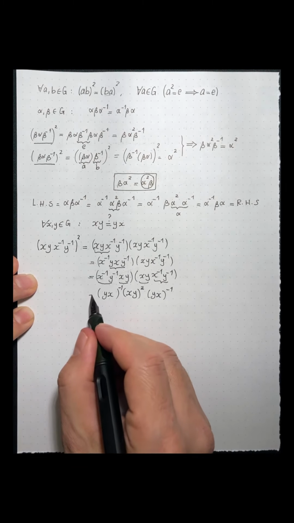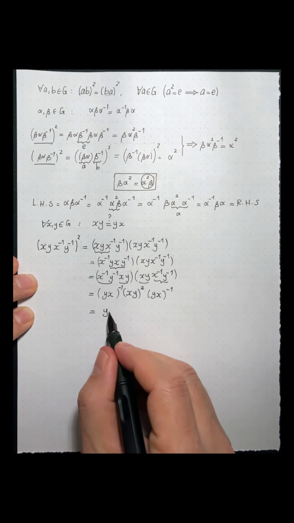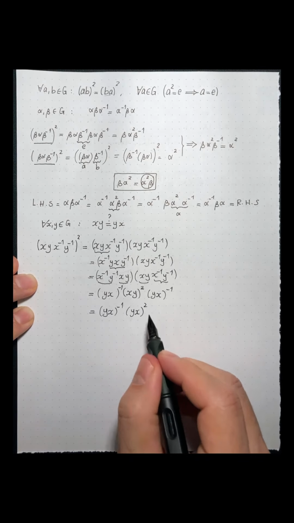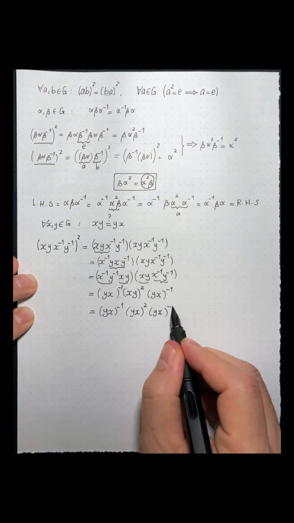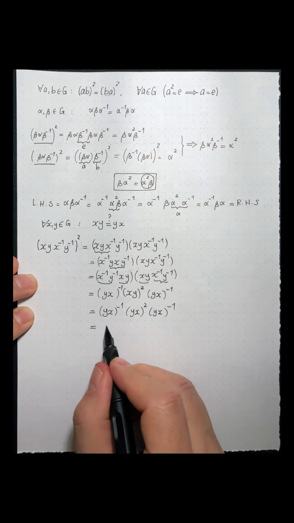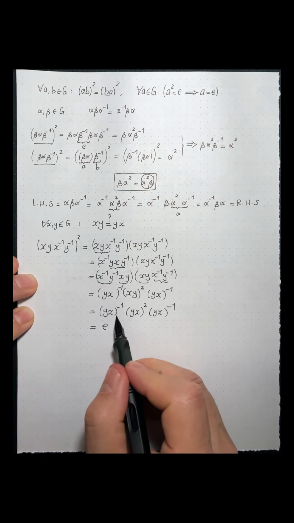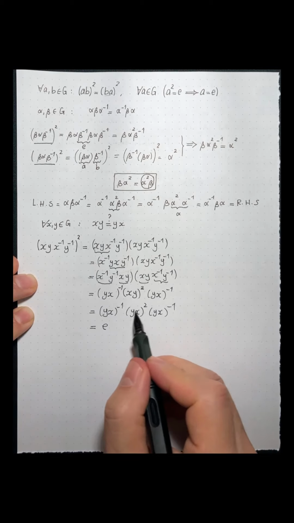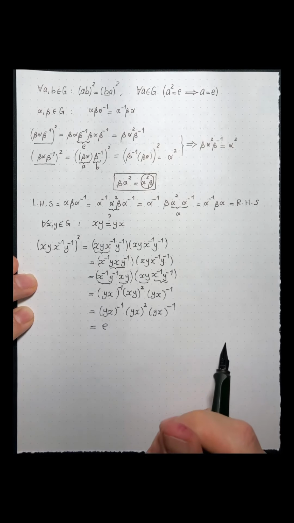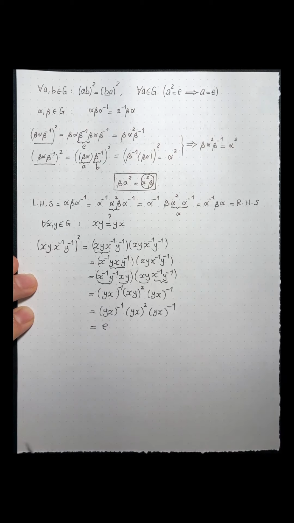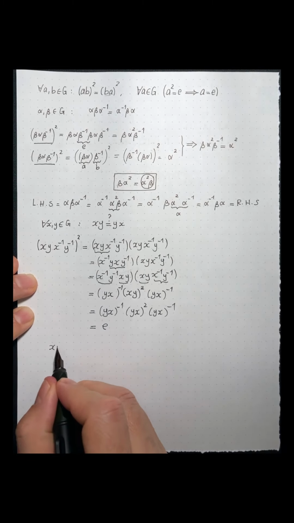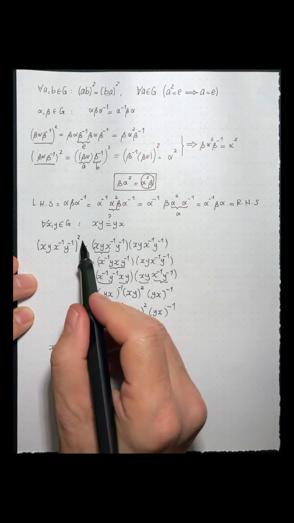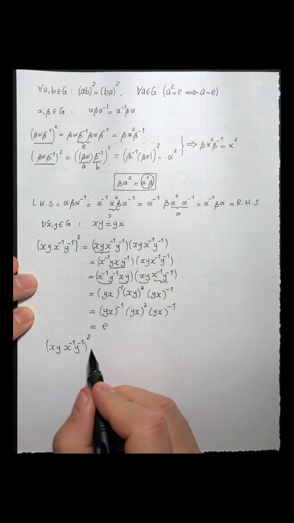So then it becomes y x⁻¹ (y x)² y x⁻¹. And hopefully you agree with me, this is e. Because this inverse cancels one of these powers, the other inverse cancels the next power. So I will get e. So what I did, I proved that (x y x⁻¹ y⁻¹)² is e.